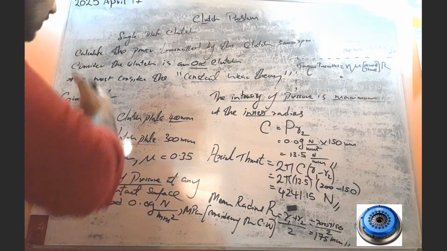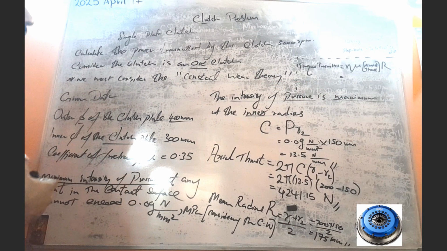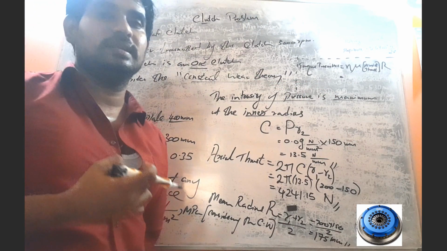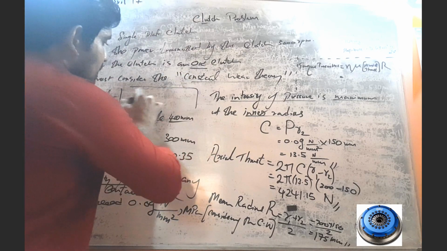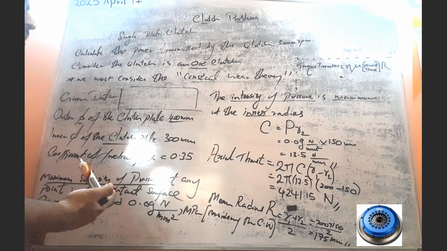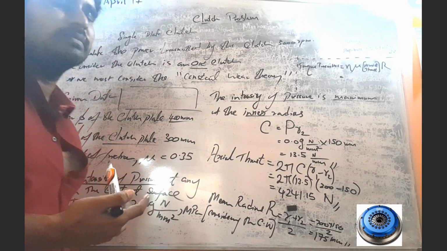Now here in this question they have not specified the number of effective sides. So let's consider, as it is not given, that both the sides are effective. Sometimes in the problem they might give that.